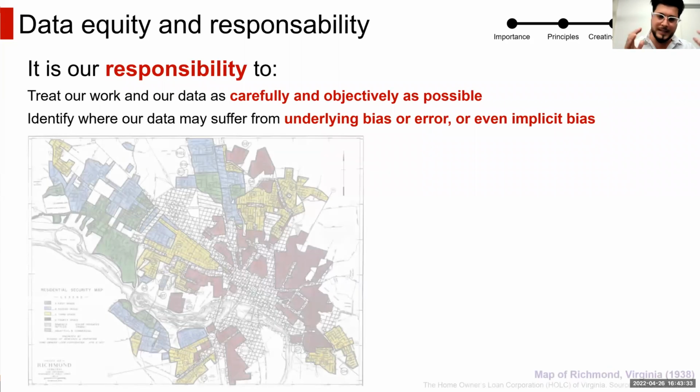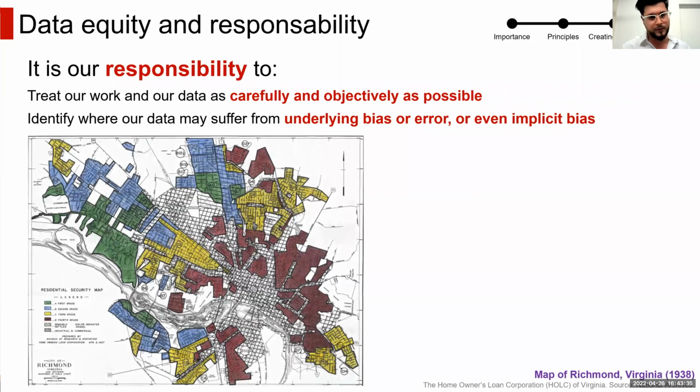This is a really clear textbook example of the redlining map of Richmond, Virginia at the beginning of the 20th century, which demonstrates, and this is very shocking, how data and data visualizations can be wielded to further systematic discrimination. For example, information studies scholar Safiya Noble argues that modern internet search engines and other algorithms are enacting new ways of discrimination and racial profiling, creating a modern form of technological redlining.